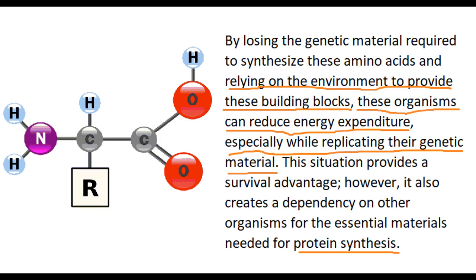By losing the genetic material required to synthesize these amino acids and relying on the environment to provide these building blocks, these organisms can reduce energy expenditure, especially while replicating the genetic material. This situation provides a survival advantage. However, it also creates a dependency on other organisms for the essential materials needed for protein synthesis.